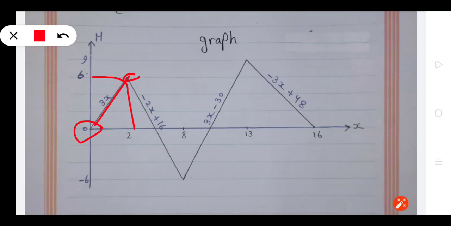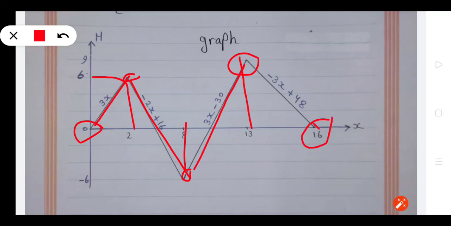And also from 2 to 6 and 8 to negative 6, and match these 2 points. And from 8 to negative 6 to 13 to 9, and match 2 points. And from 13 to 9 to 16 to 0, then match these points. This graph represents the relation between bending moments and different points on the beam.